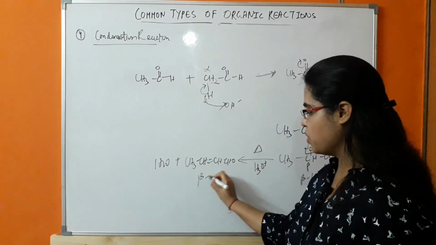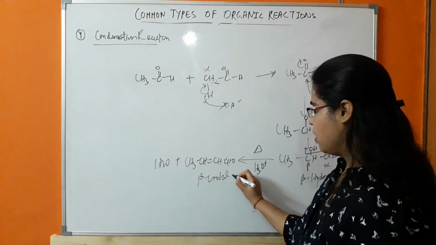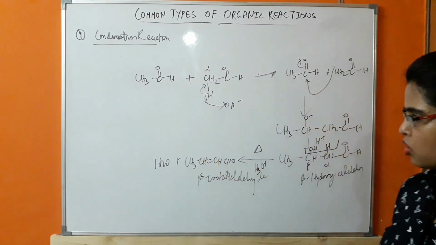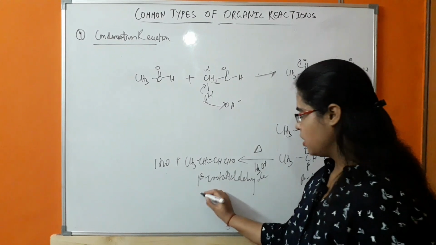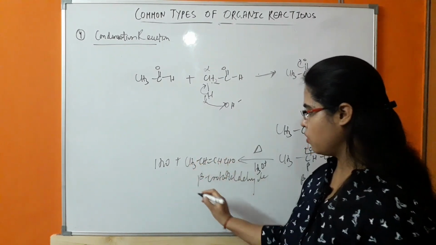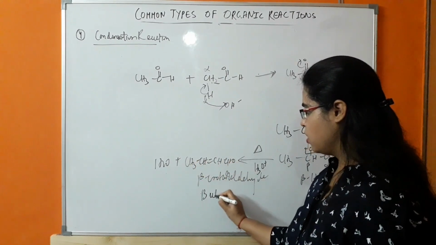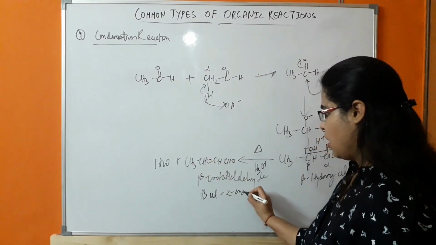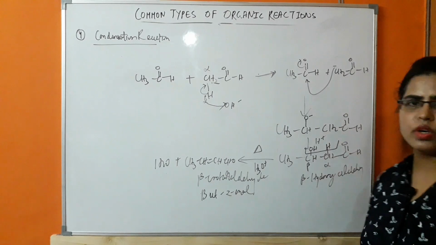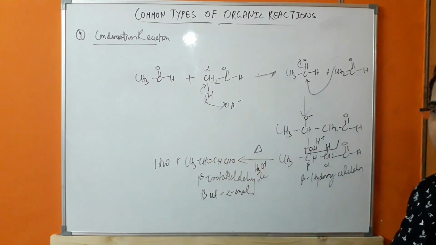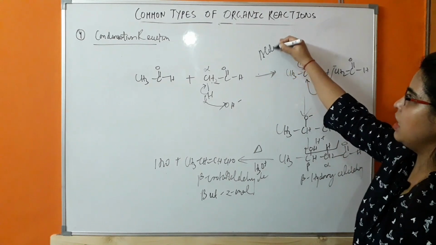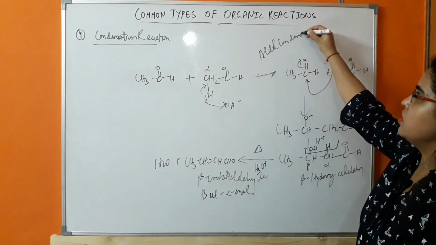This is known as crotonaldehyde. The IUPAC nomenclature will be, this is 1 2 3 4, but-2-enal. This will be the IUPAC nomenclature. So this reaction is the example of Aldol condensation.